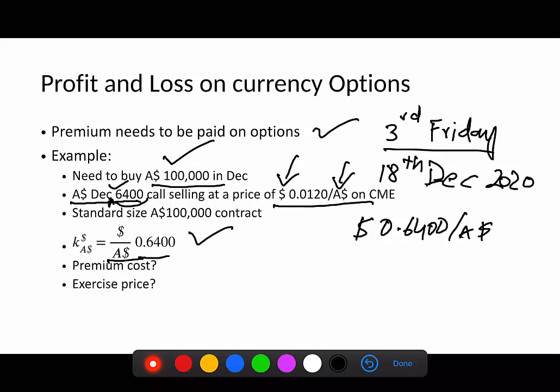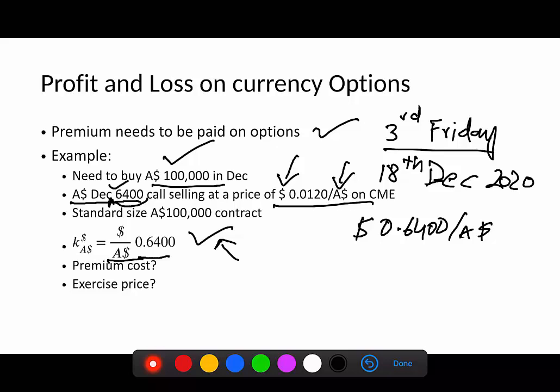Remember, this is the mathematical way of writing the exchange rate. We'll see on the next slide how we write the spot rate when it is quoted in the spot market.